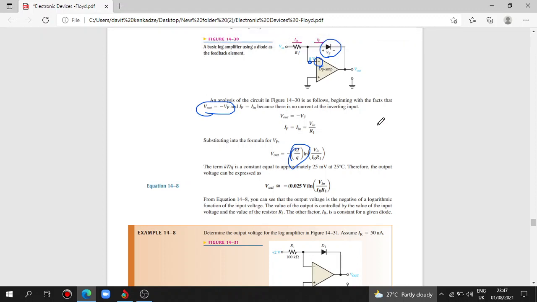Input must be positive. If it's negative, it won't work.